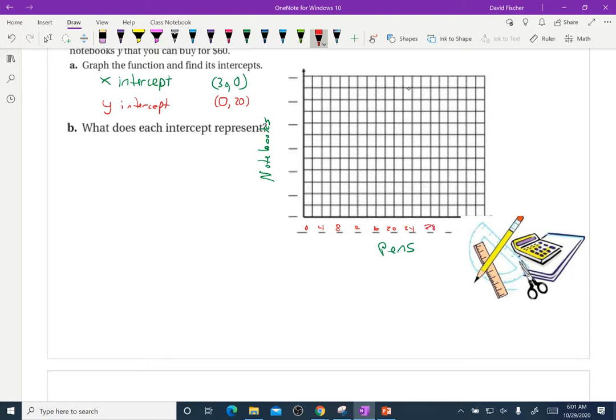I'm just helping people count here. 28, 30, 32. That'll work. Because my x-intercept was 30, so that means it's going to be right here.